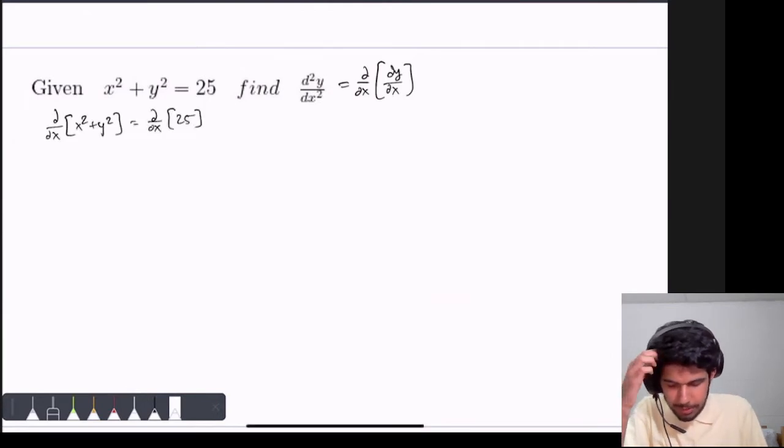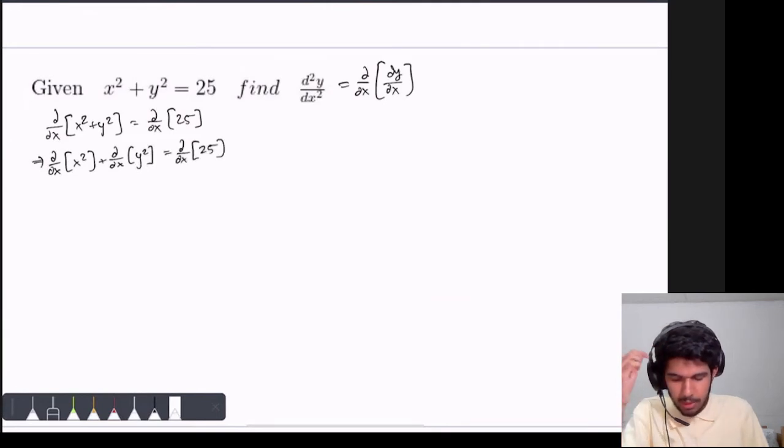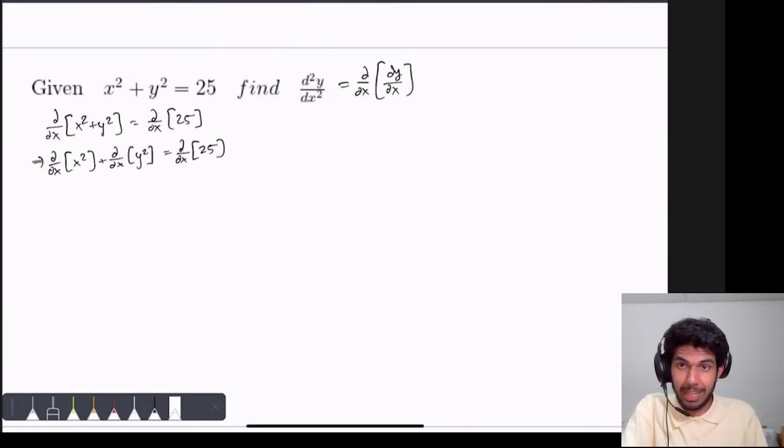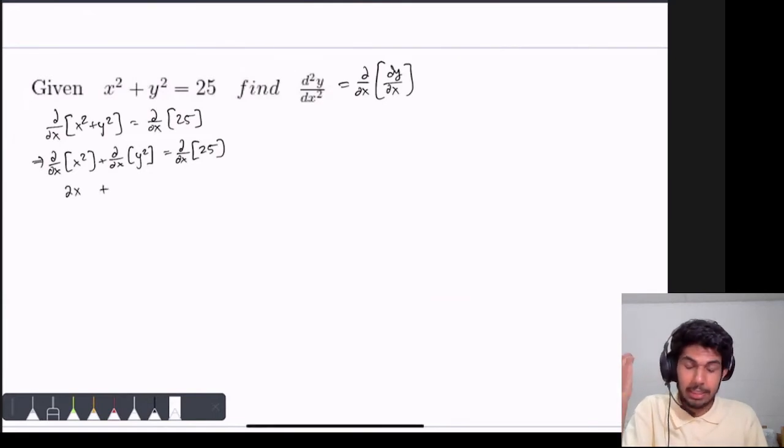And, well, what happens here? This tells us that the derivative with respect to x of x squared plus the derivative with respect to x of y squared equals the derivative of 25. Okay? So d/dx of x squared, variables match, normal differentiation, power rule, 2x, plus d/dx of y squared, variables don't match, we think chain rule.